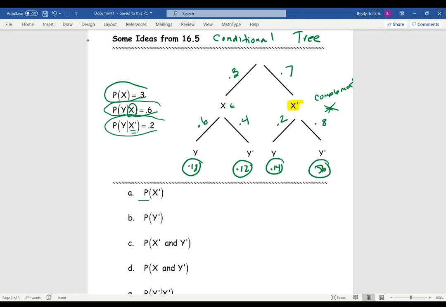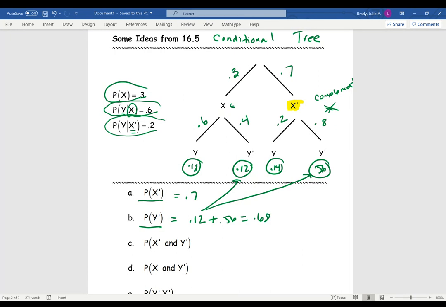The chance of x prime happening, we put that in our thing. That's 0.7. The chance of y prime happening, we actually had two different places it could happen at, so we have to add those together. 0.12 plus 0.56, which is 0.68.